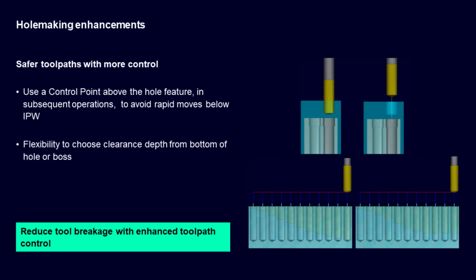While this is not using the thread feature information for the threading operation, it is commonly known, for several reasons, that it can be necessary for the tool to stop short of the specified depth. For holes and bosses that do not have thread data, non-NX parts, this enhancement has also been requested. This will enable users to have full control of how far the threading tool stops from the bottom of the feature.